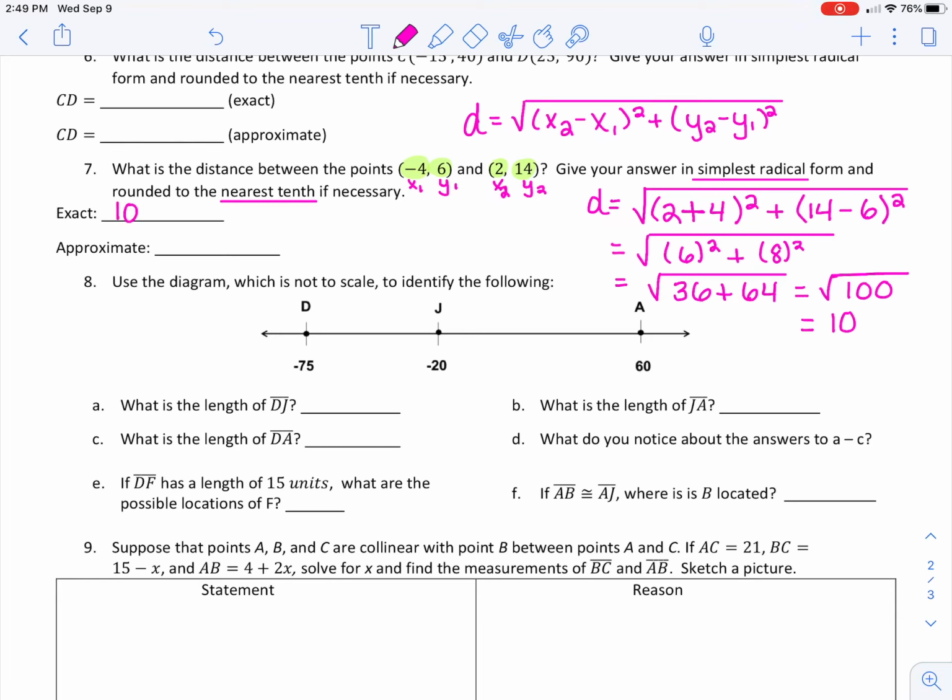And since I don't really have a decimal, it says to the nearest tenth, so I'm going to put 10 point, and I want to have that tenths place, so we're just going to put 10.0. And both of these are going to be just units. You can also abbreviate units with a U. That works too.